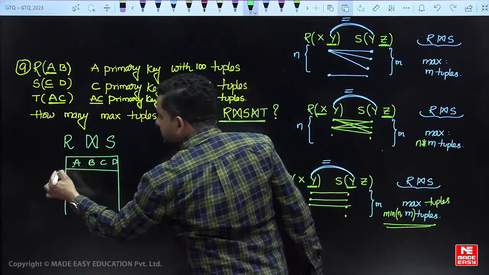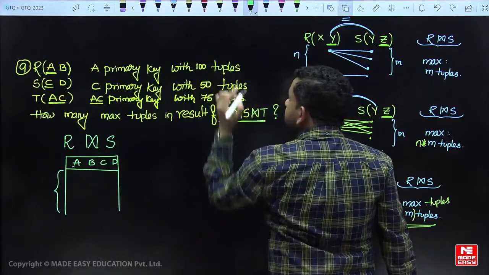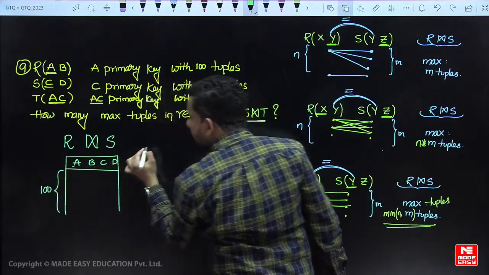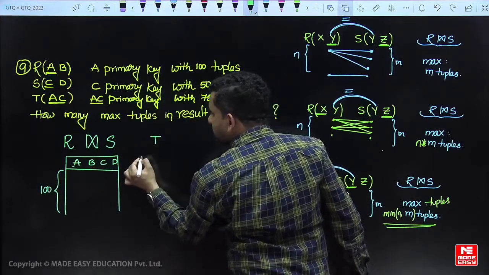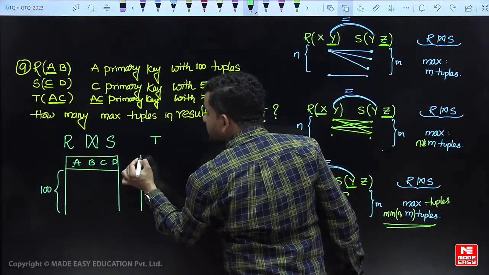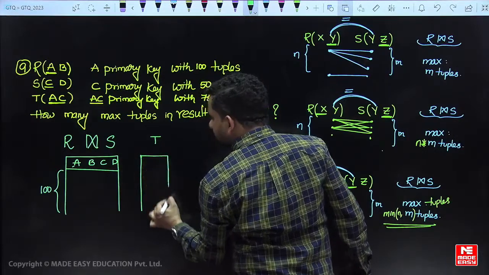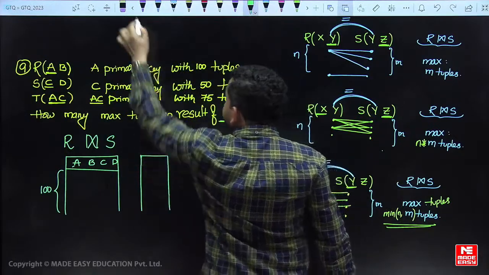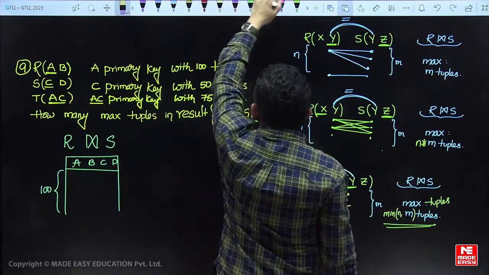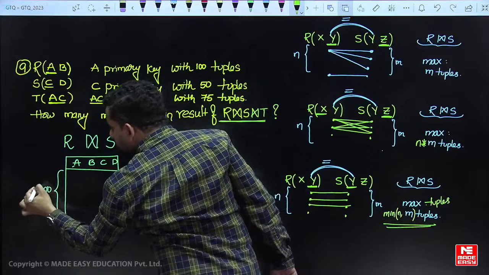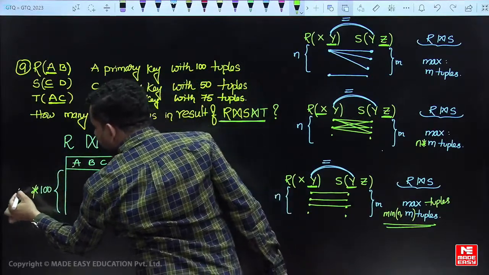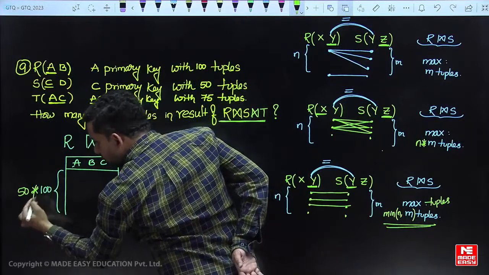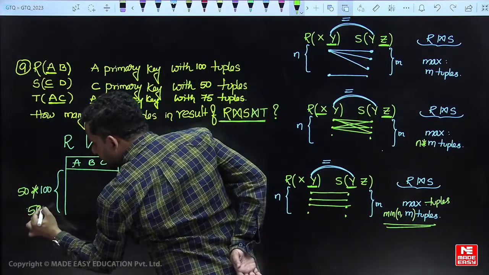So the result becomes 100 records here, and the T relation has C and D. 100 multiplied with 50 becomes 5000, right? So 5000 tuples.